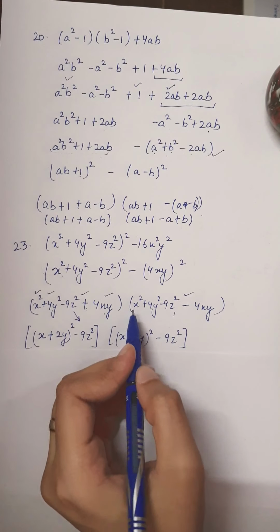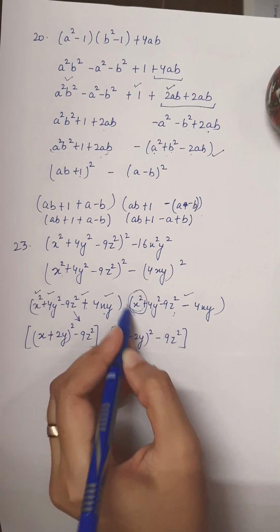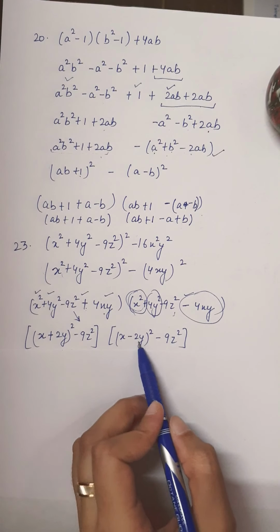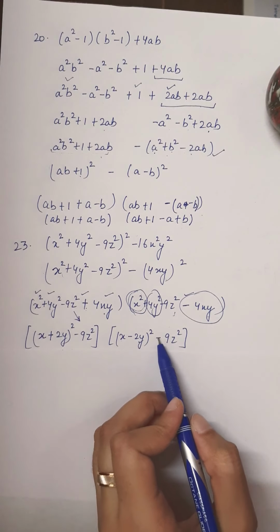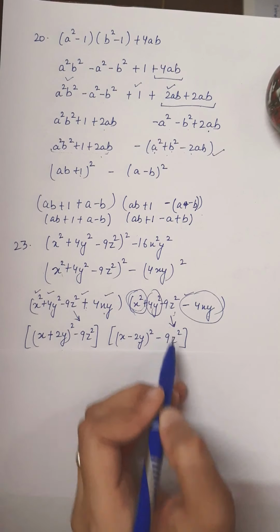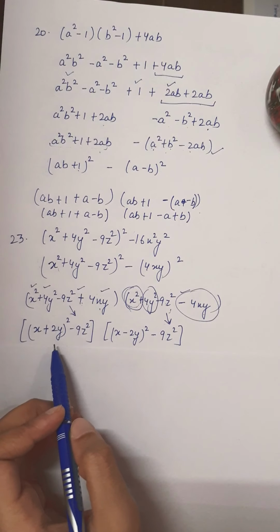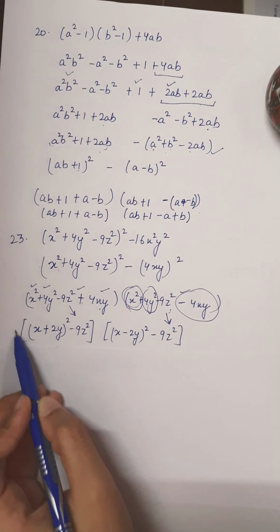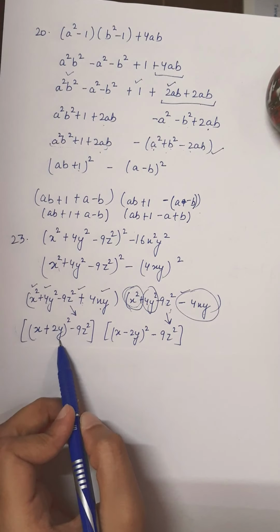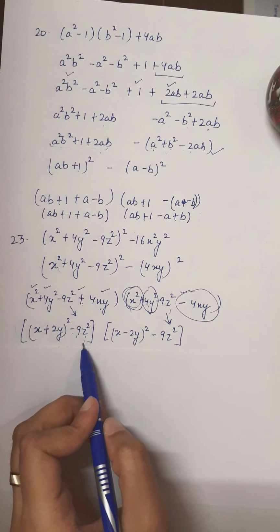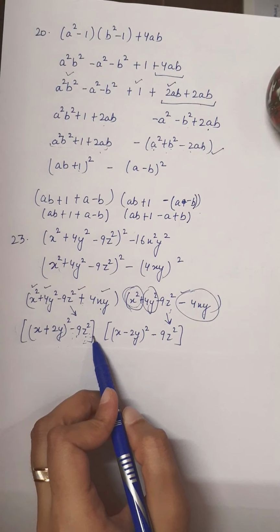Now same way, this term and this is making (x minus 2y) whole square minus 9z square, copied as it is. Now the next step is, this bracket is following a format: square of something minus square of something. This is ultimately (3z) whole square.